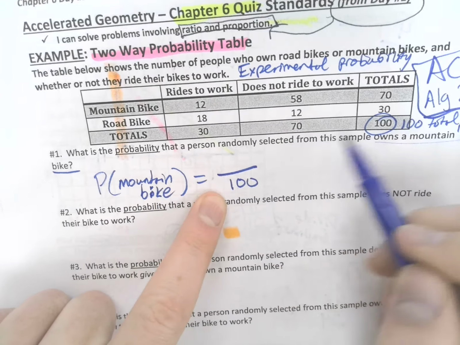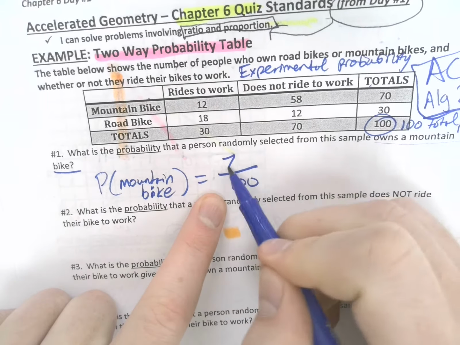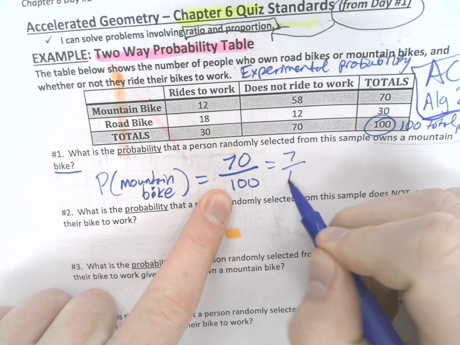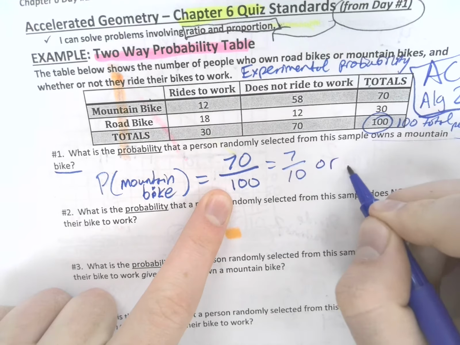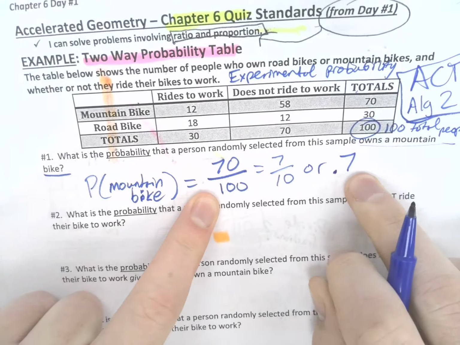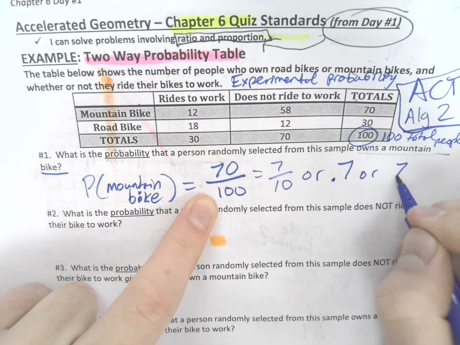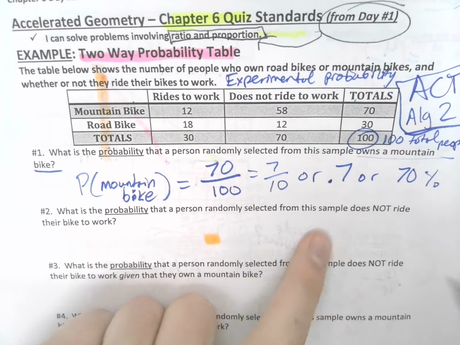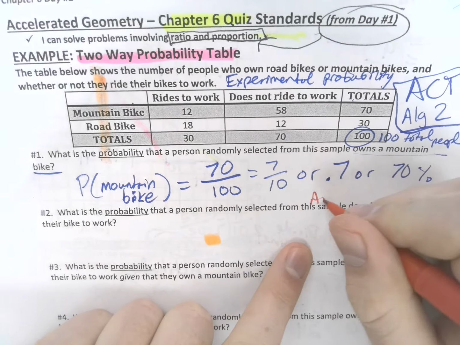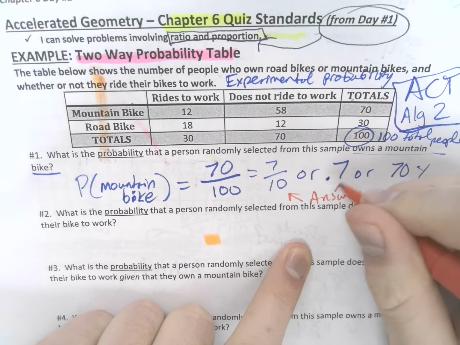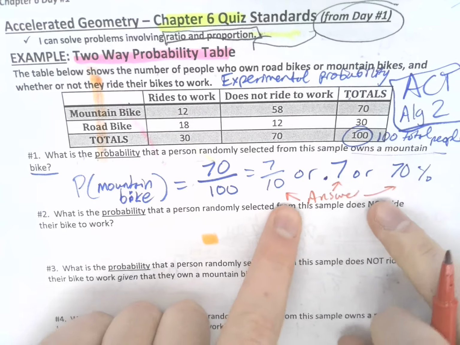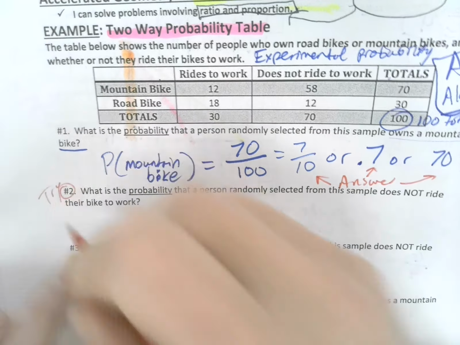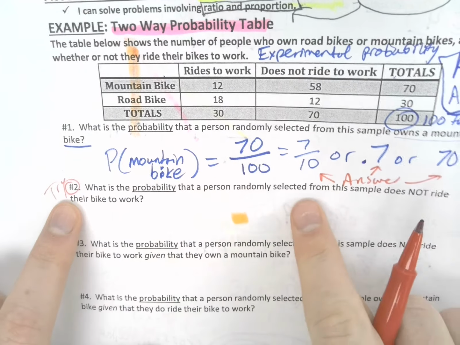And we know 70 people own a mountain bike, which can reduce down to 7/10 or 0.7 or 70%. Any of these 3 could work. So I'm going to let you guys try. You can go ahead and pause the video and try number 2 for me, please.